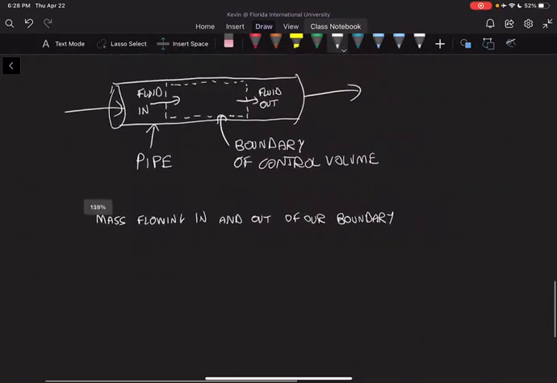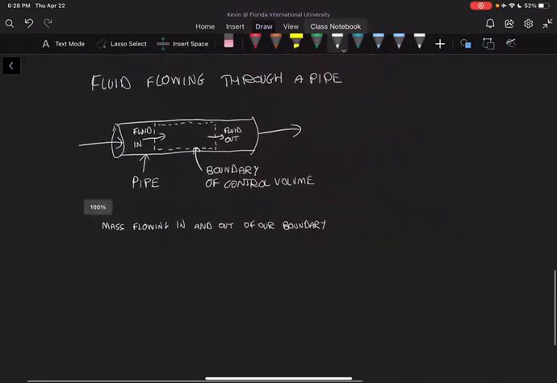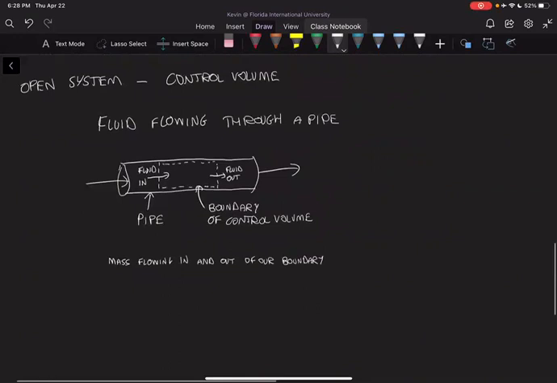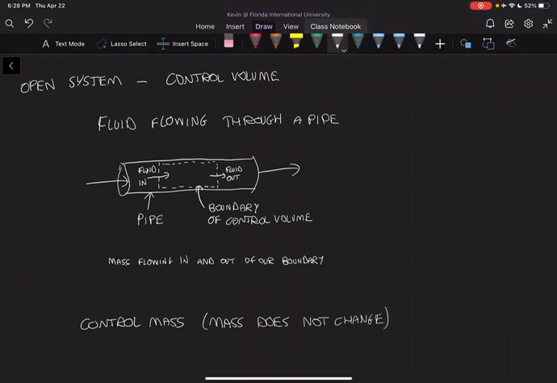Okay, so just to summarize, let me go back to a normal zoom here. So just to summarize, we remember that we can also say that control mass means the mass does not change. Control volume means the mass changes.